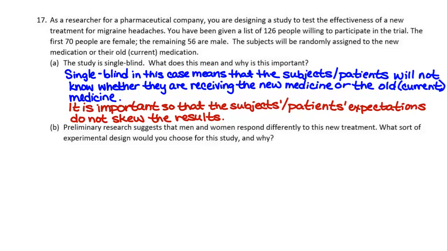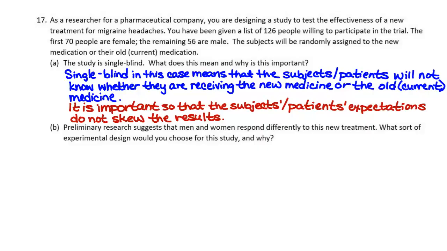Preliminary research suggests that men and women respond differently to this new treatment. What sort of experimental design would you choose for this study and why? Matched pairs. We could do matched pairs. I don't know if that's the best design for this one. Stratified.